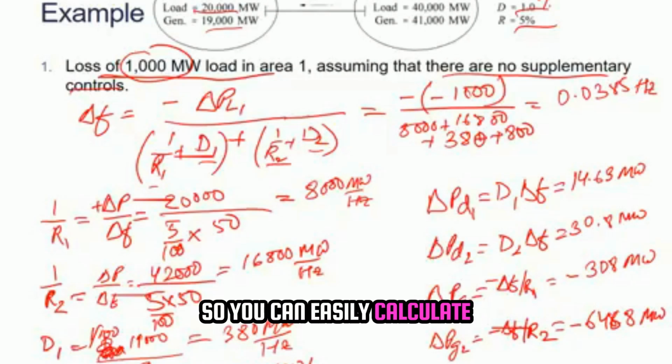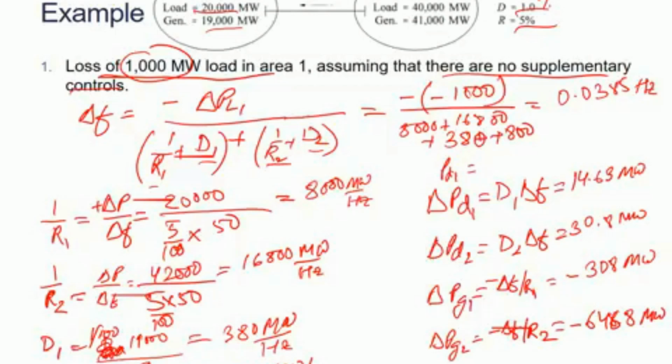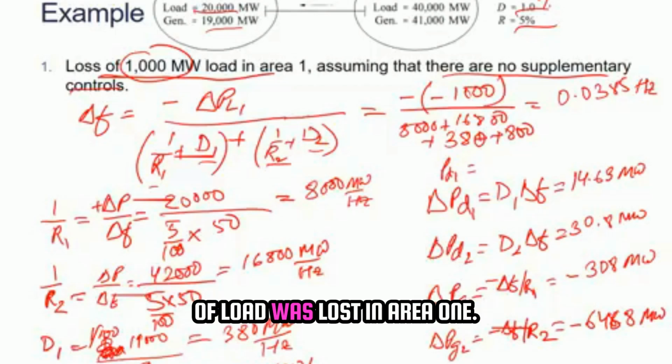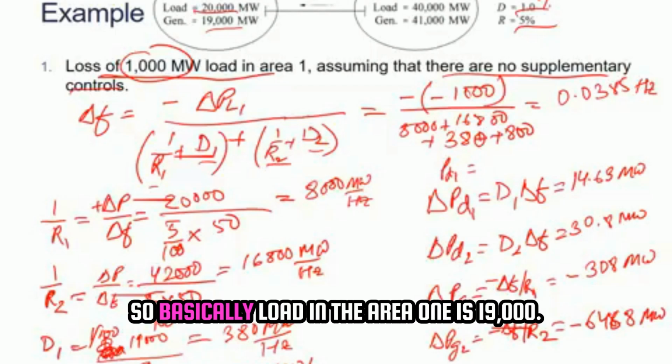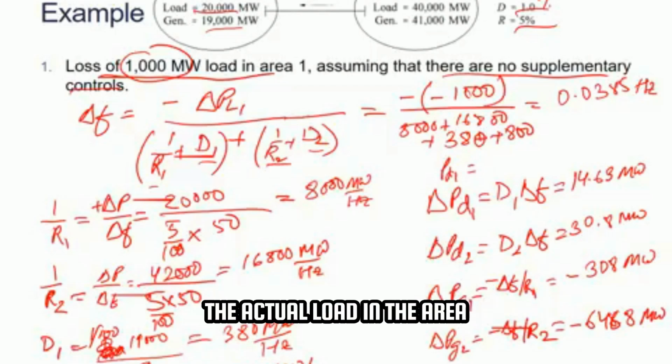So you can easily calculate in area 1 what the actual load is. Initially it was 20,000, and then 1000 megawatt of load was lost in area 1. So the load in area 1 is 19,000, and because the frequency has increased, the actual load in area 1 will be 19,000 plus 14.63, that is 19,014.63 megawatt.